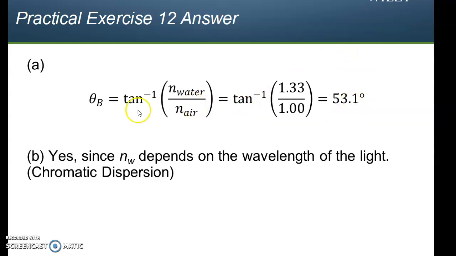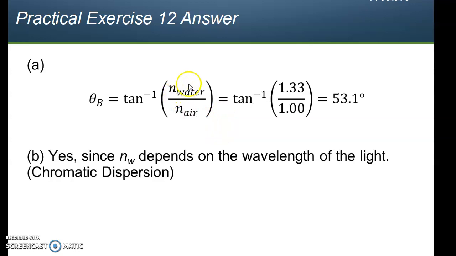Now, does it depend upon the wavelength of light? Yes. n water, this refractive index of water, depends upon the wavelength of light. We saw how white light is spread out over its spectrum by water raindrops, right, into the rainbow.